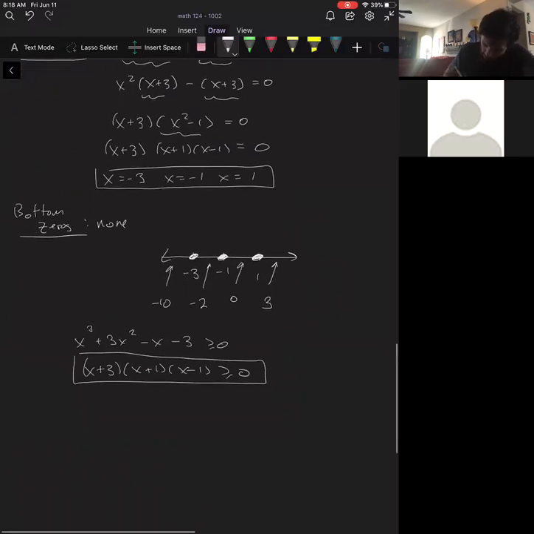So if we plug in -10, the first bit is going to be a minus sign. This one's also going to be a minus sign, and that one's going to be a minus sign. So that's going to be negative. So minus sign goes there. All right, the next one we plug in is -2. If we plug -2 in, the first term gives a positive, then a negative, and then another negative.